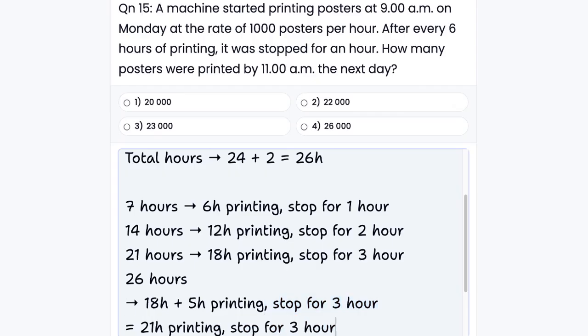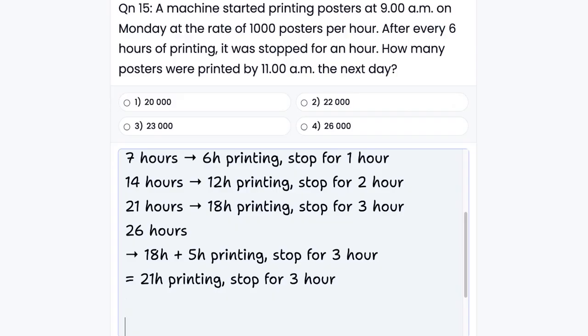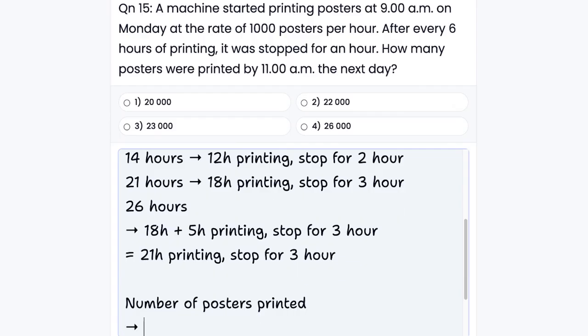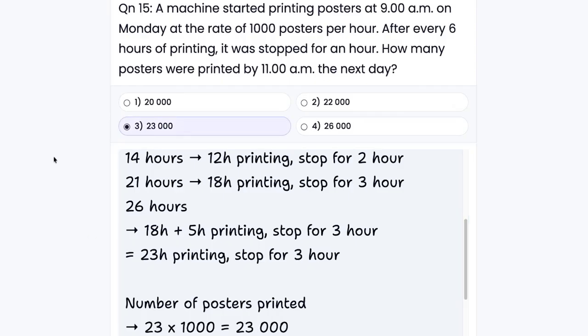So now we know we have the 23 hours printing. So the number of posters printed is equal to 23 hours times 1000, which is 23,000. Okay, so it's option number 3. There you go. So that's the answer.